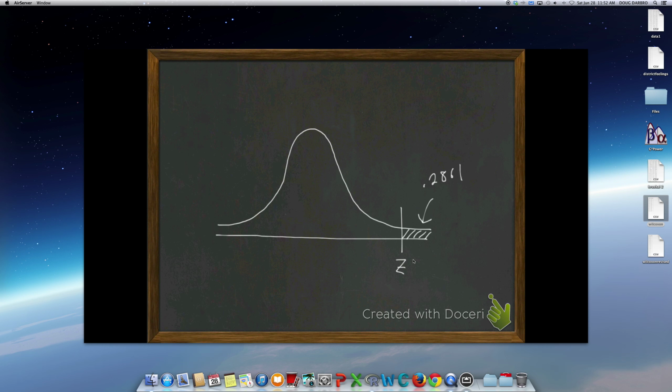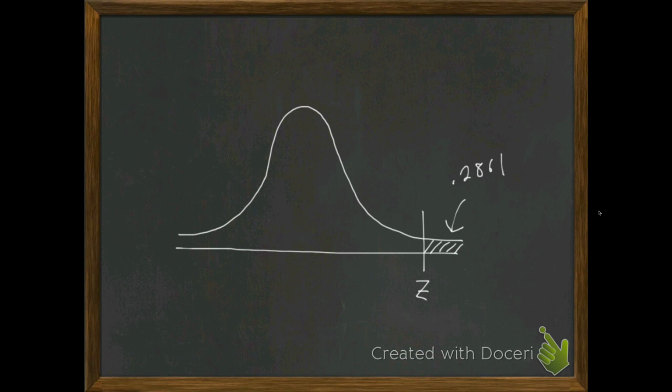Because we calculate our p-value on a two-tail, we know that these two areas had to add up to 0.2861. So I'm going to be looking for half of that.